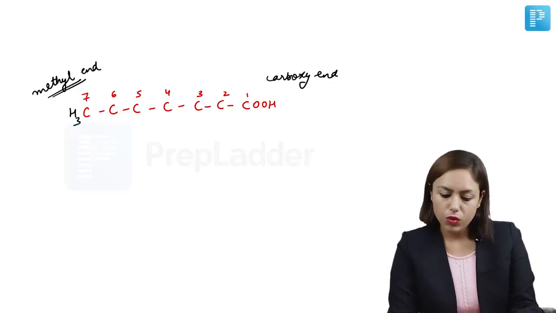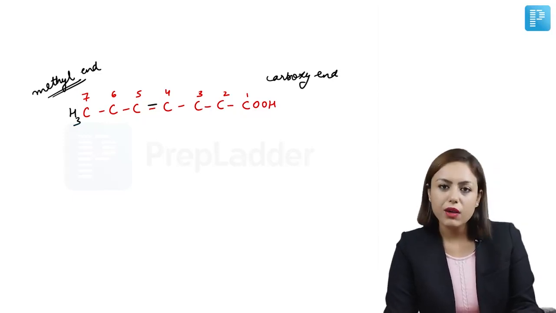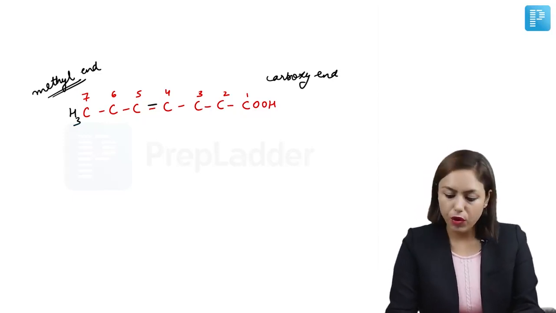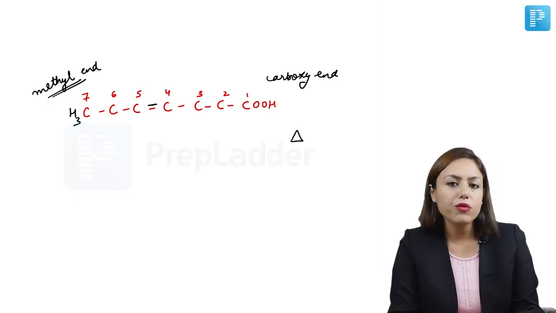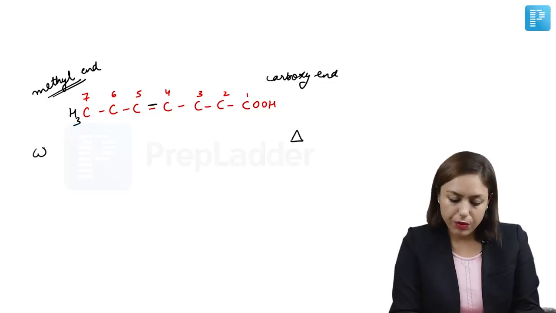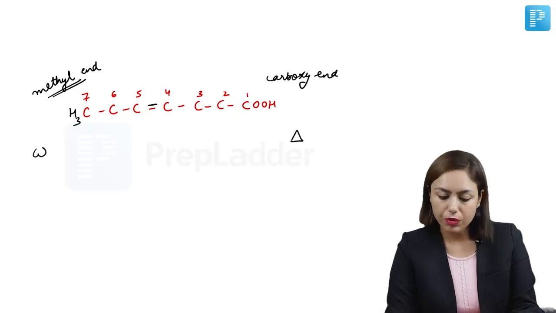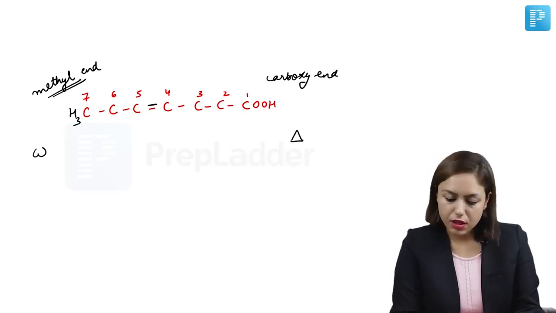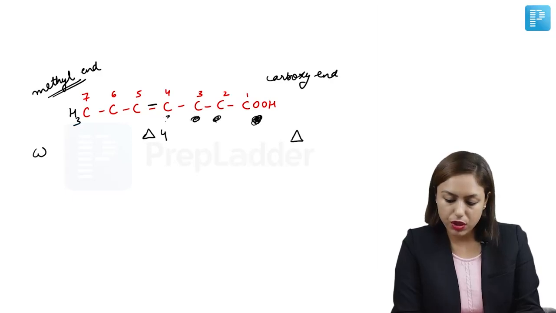Now suppose there is a double bond between C4 and C5. If we are starting numbering from the carboxy end, then it will be given a delta number. If we are starting the numbering from the methyl end, then it will be given an omega number. For example, if I want to give this fatty acid a delta number, it will be delta 4, because I start from here: 1, 2, 3 and 4.